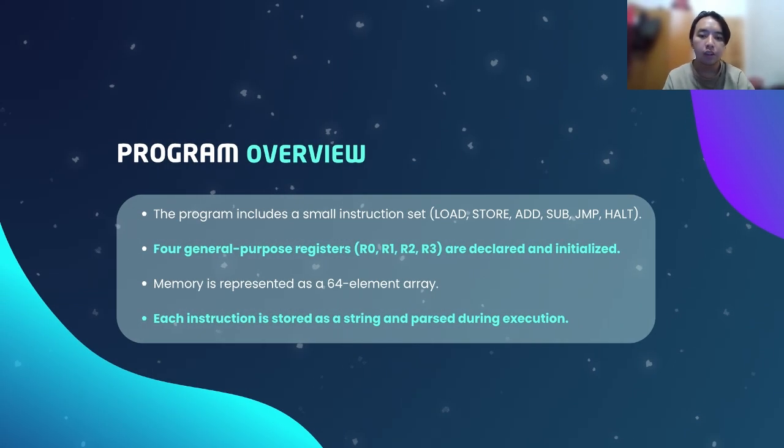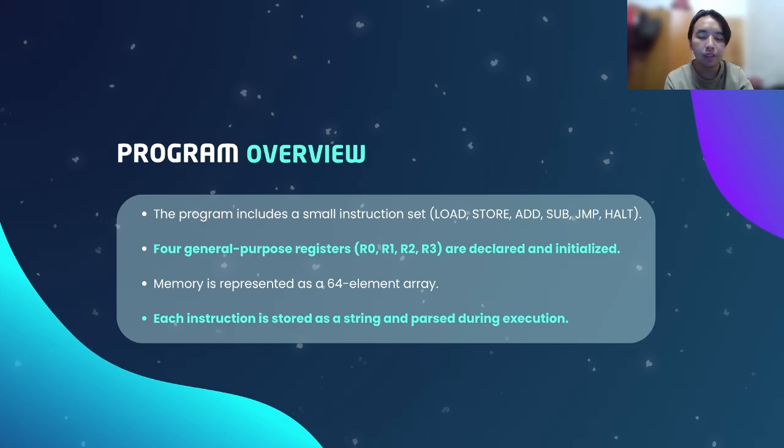So this program includes a small instruction set, which is load, store, add, sub, jump, and halt. There are 4 general purpose registers, which are R0, R1, R2, and R3, which are declared and initialized.